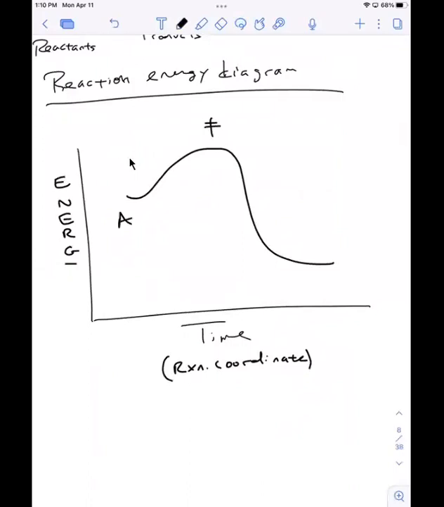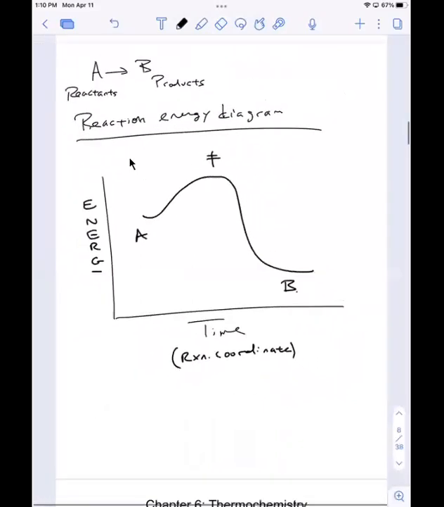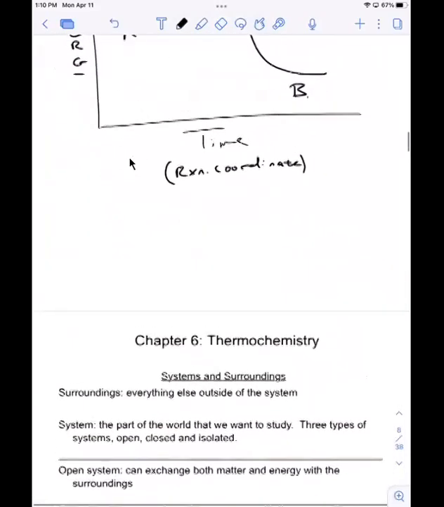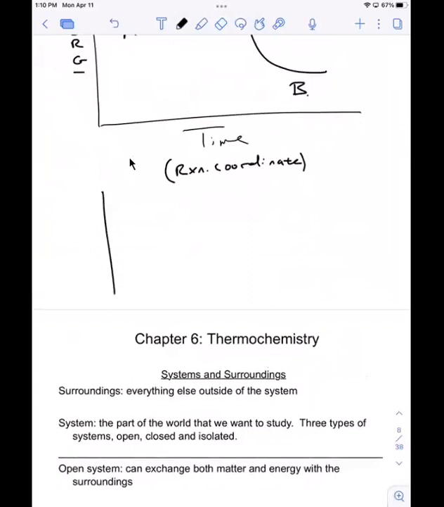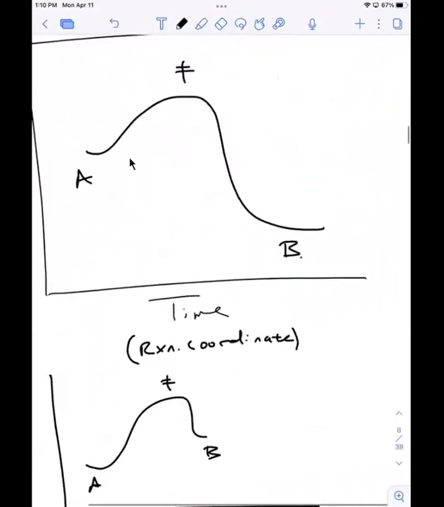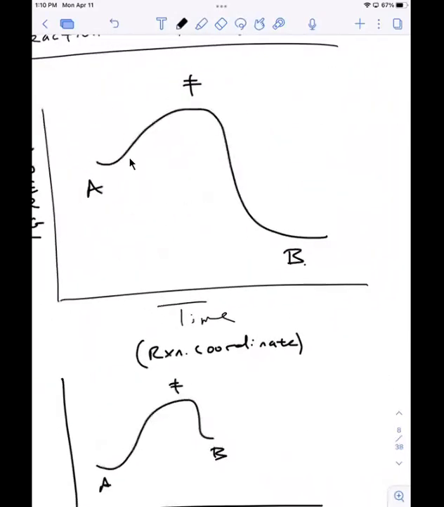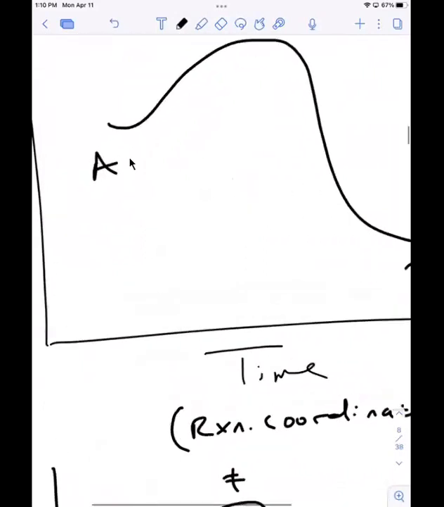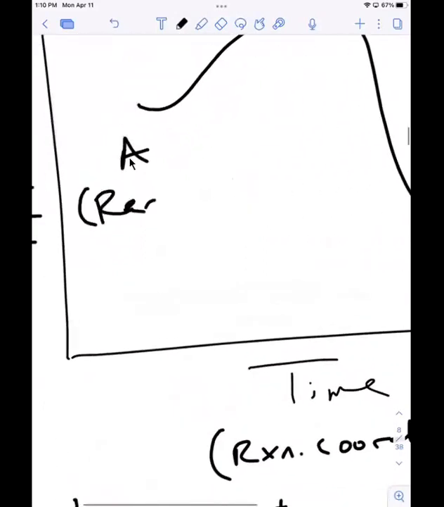Well, this is A and this is B, and the energy it takes to convert A into B and all of that good stuff is illustrated here. So let's talk about this curve and what it means. We know that A is the reactants, B is the product.